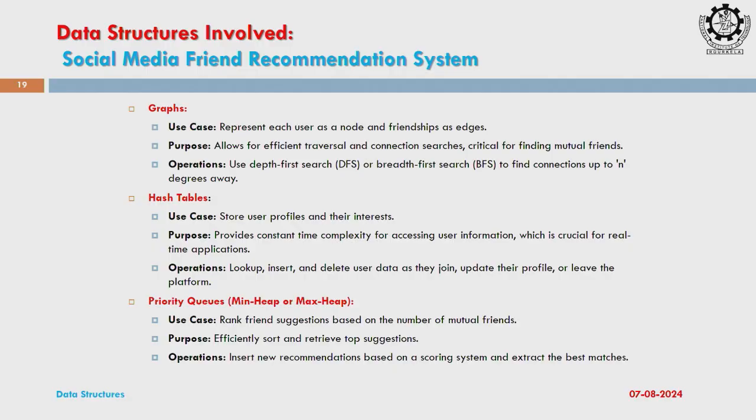Without going through the details, without arguing why these data structures are used, it is suggested that we use a graph, a hash table, and then a priority queue. Without knowing the details of the data structures, you can see a real world problem, and this gives you an introduction, a feel that we need to learn data structures when we try to find the solution to a real world problem with the help of the computer.